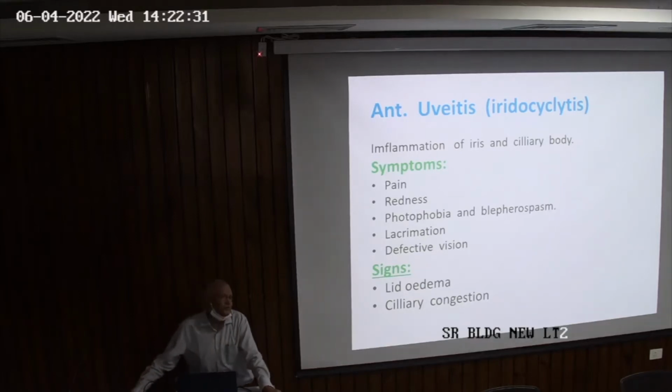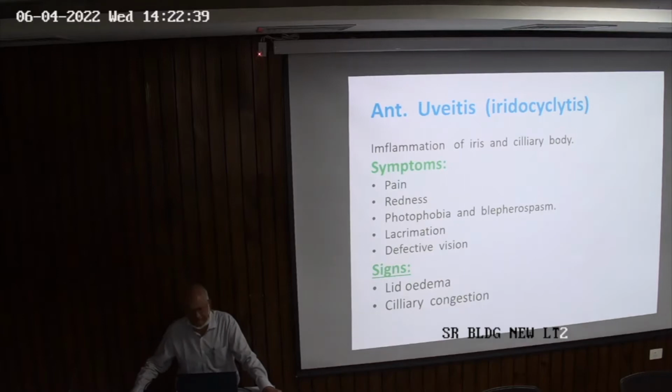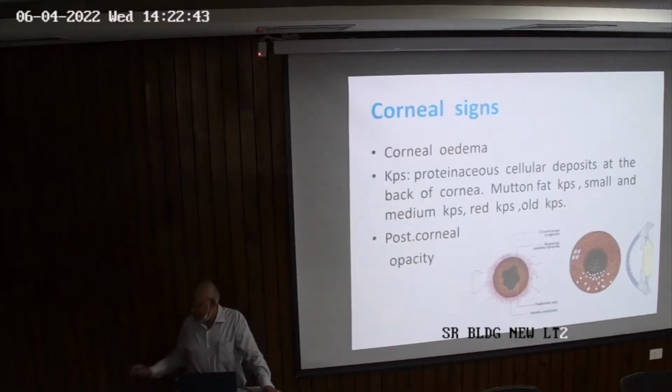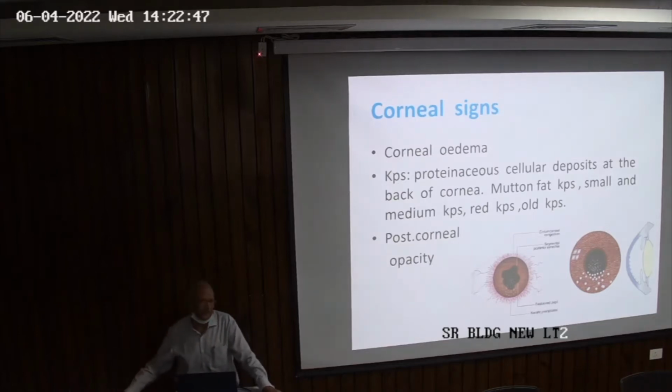Then we come to the important signs. Lid edema: because this is an inflammatory condition, it can be infective, but mostly it is allergic in nature. Ciliary congestion we have discussed. There are certain structures we have to explain whenever we discuss the signs.